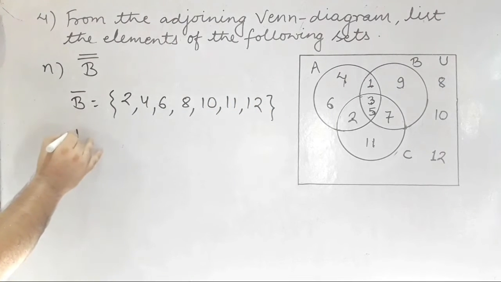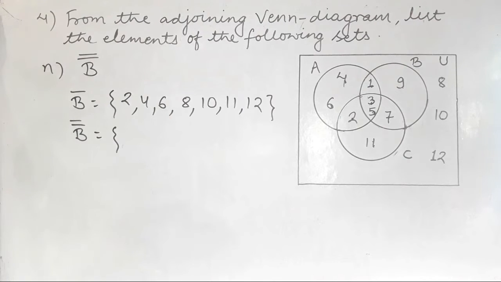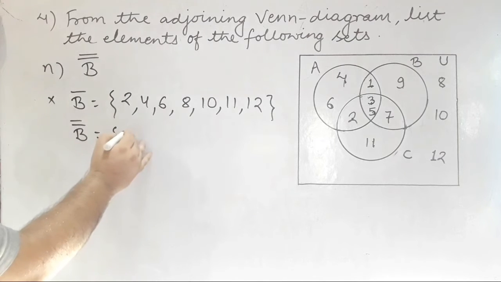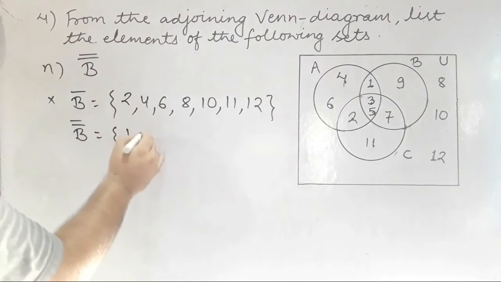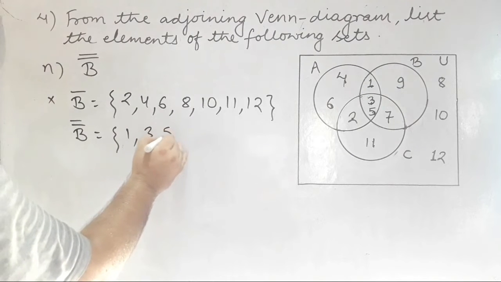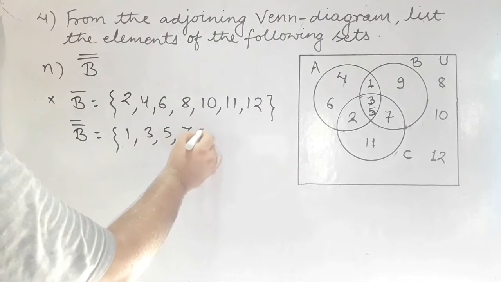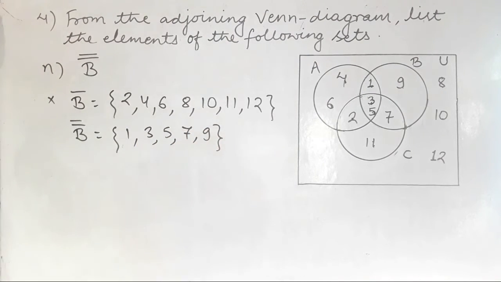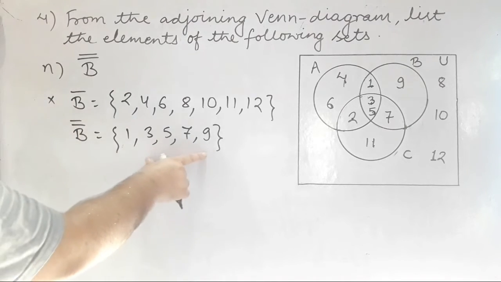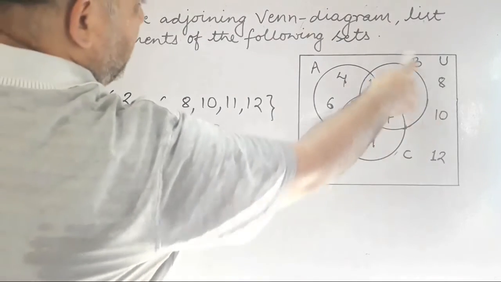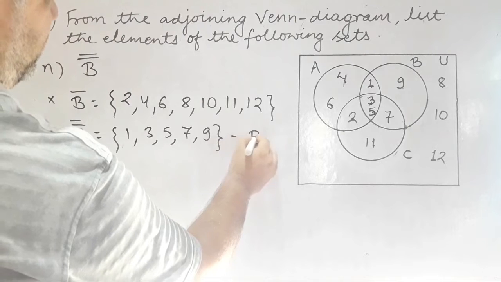Now the complement of this B complement. The elements which are not in B complement. What are the elements which are not in B complement? 1, 3, 5, 7 and 9. B double complement denotes the set B itself. So this is set B.